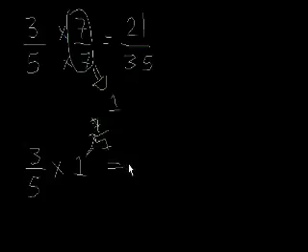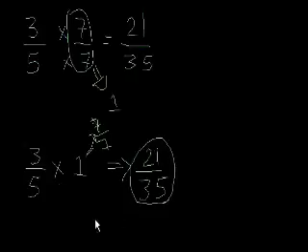And that's how we got 21 over 35. So it's interesting. All we did is multiply the number by 1, and we know that any number times 1 is still that number. And all we did is figure out a different way of writing 21 over 35.